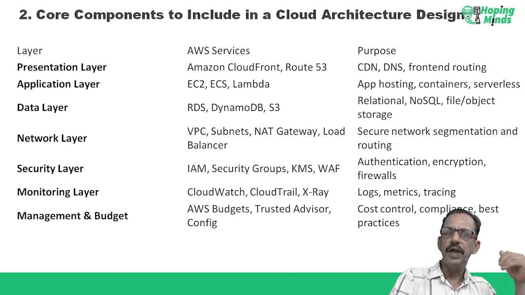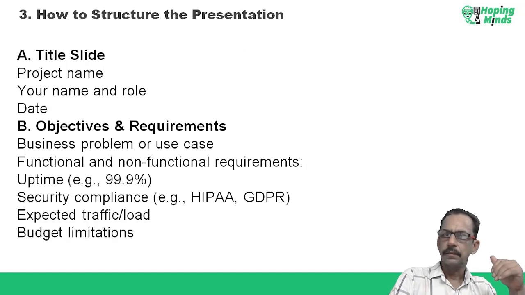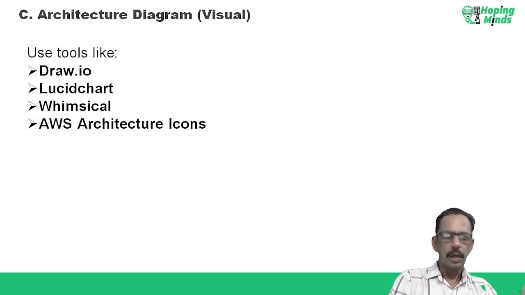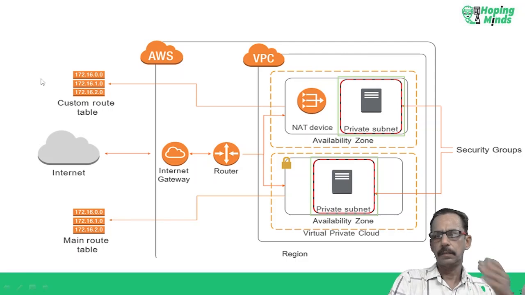Then we divide all things by application layer basis. How to present that? How to create an effective design? Properly: slide title, project name, role, and business objective. Why we are using that? And then which tool we can use for designing this complete diagram.